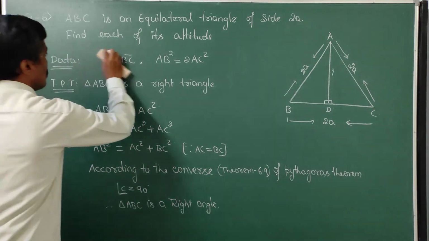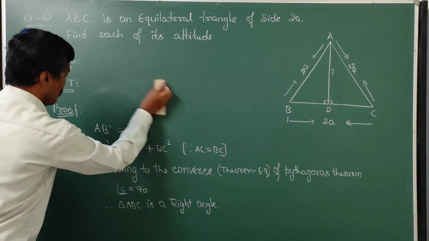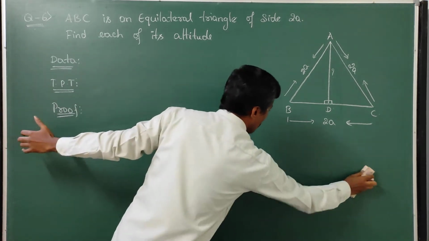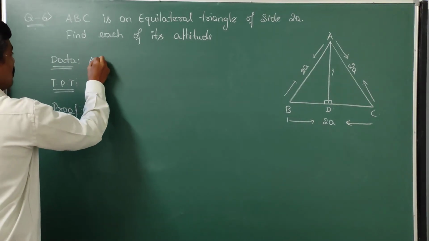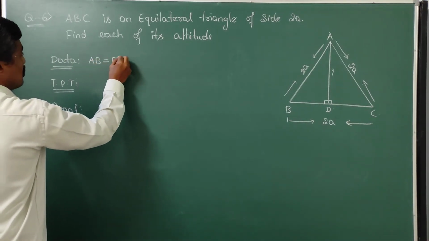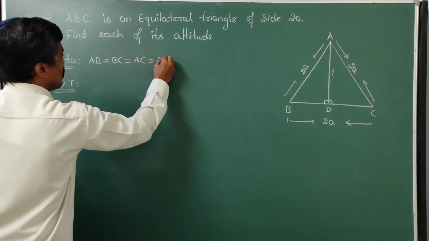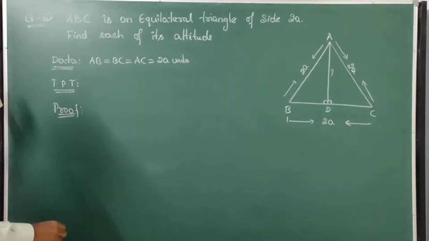So I will write the data. ABC is an equilateral triangle, so all three sides are equal and equal to 2a units. AB is equal to BC is equal to AC is equal to 2a units, and AD is the perpendicular.